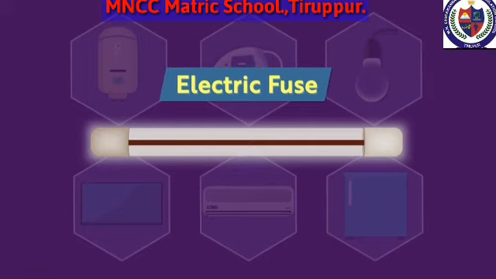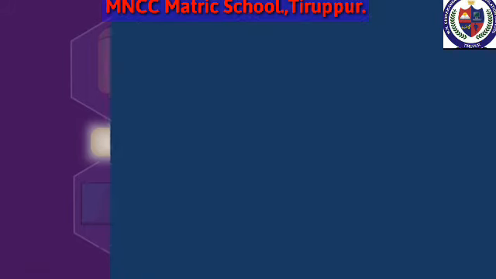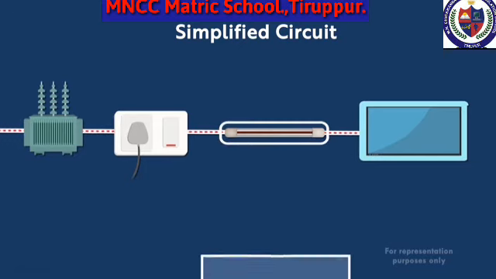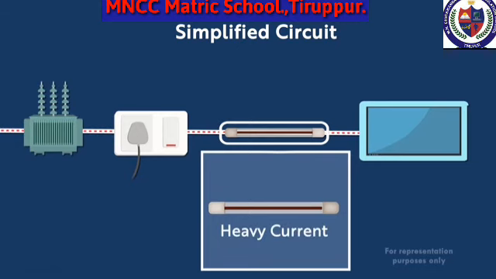Now, how does it prevent household electrical appliances from catching fire? This fuse is introduced in every circuit in our household. This is how the basic circuit looks like. When the current flows in the circuit, it heats up the wire, and when there is a heavy current in the circuit, the wire simply melts, resulting in a broken circuit.